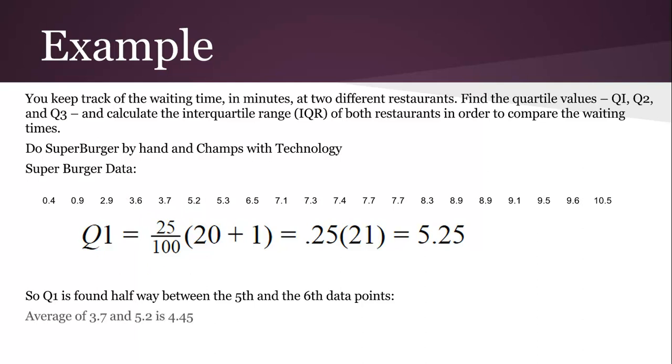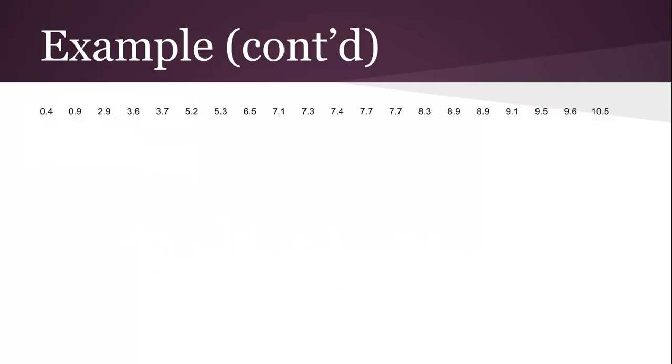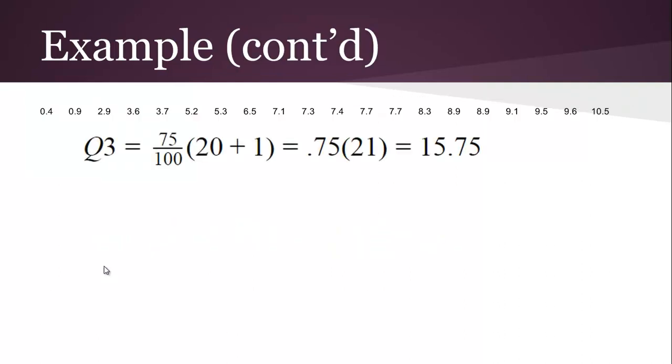The average of 3.7 and 5.2 is 4.45, which is Q1. Q3 is similarly found, 75% of 21, so 20 plus 1. It's just like an algebraic formula that works to give you the middle point.